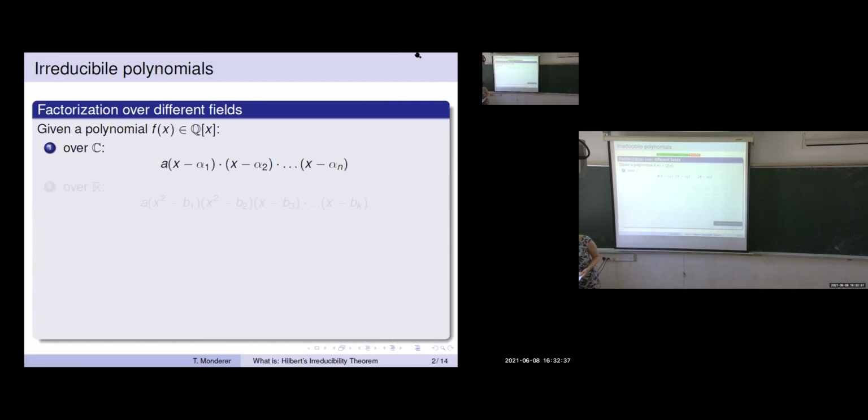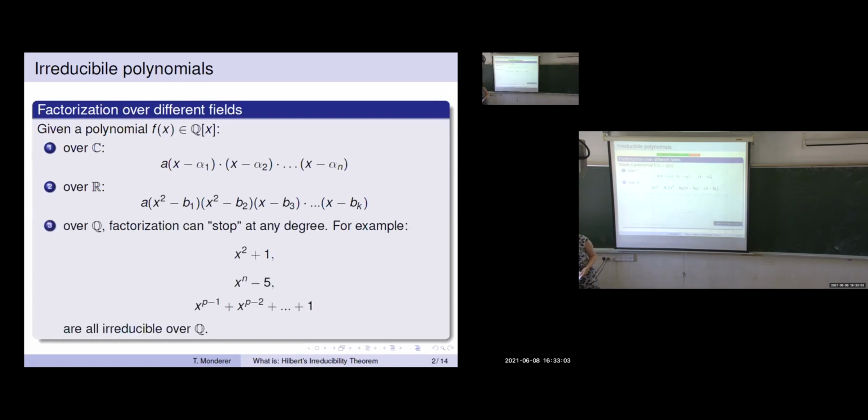If we only allow real coefficients, then we don't necessarily have a factorization into linear factors, but we have a factorization into some linear and some degree 2 factors, which, once we allow complex coefficients, will split into 2 linear factors.